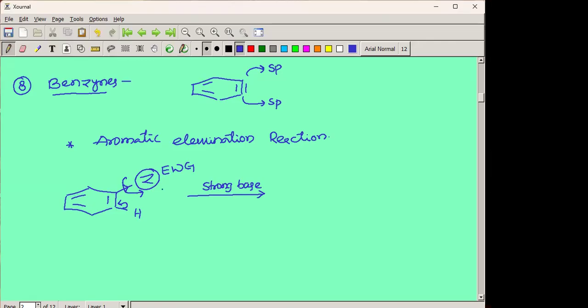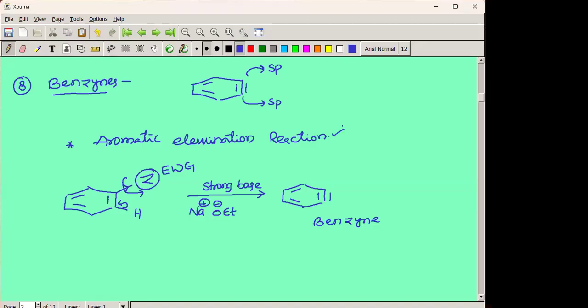So positive and negative make a bond, and that bond is considered as the sp hybridized bond. This is a benzyne structure, the formation of benzyne. These benzynes are formed in presence of a strong base, sodium ethoxide.